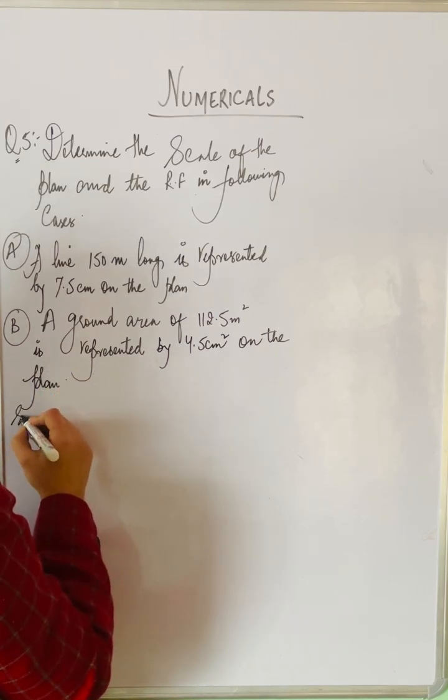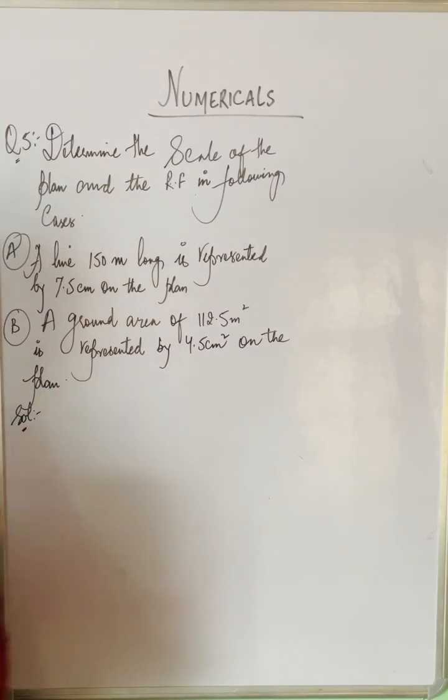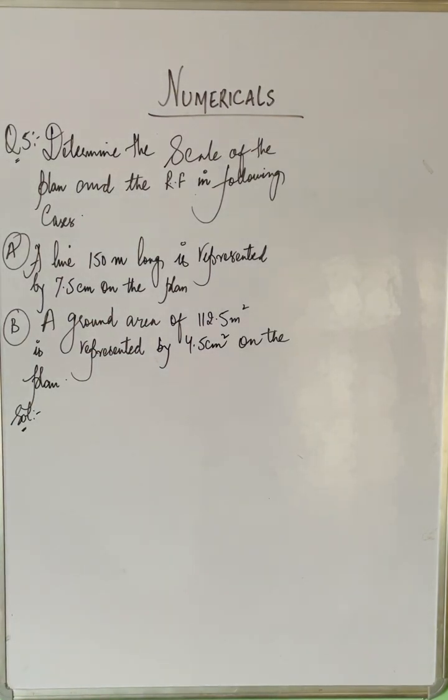Right? So we have to determine the scale and the representative fraction in the following cases. Case number 1 is a line 150 meters long represented by 7.5 centimeters on the plan, and case number 2 is a ground area of 112.5 square meters represented by 4.5 square centimeters on the plan.